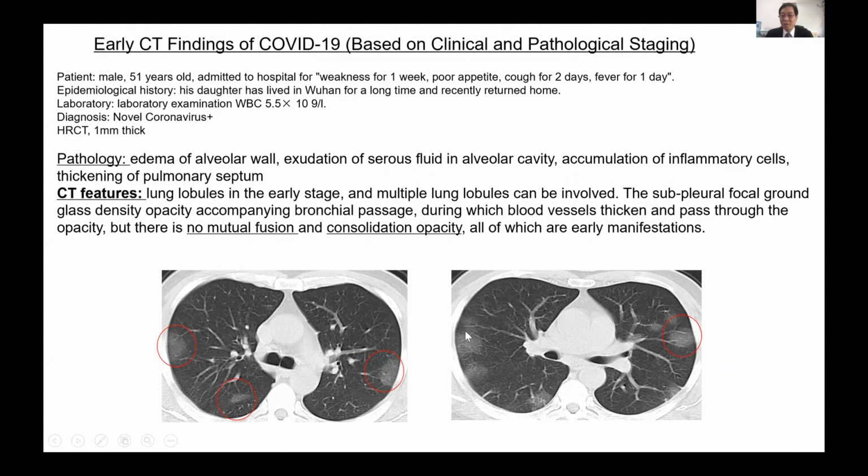The subpleural focal ground glass density on CT is accompanied by bronchial passage, during which blood vessels thicken and pass through. But there is no fusion and consolidation on CT. All of these are early manifestations.